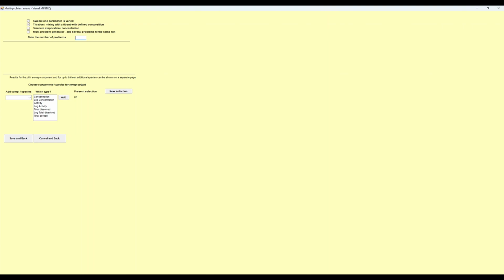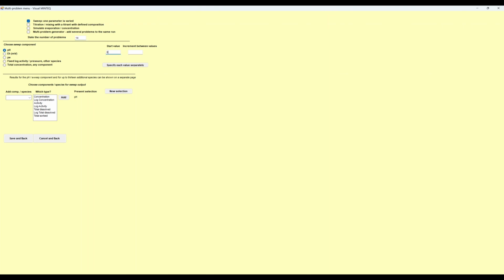So we want to change one variable here. Sweep one parameter. Then the number of problems, we want to do it 14 times, and we want to do it on pH, the sweep component. Later on, in one of the lectures in the fourth chapter, we, for example, do it on the pe. But here we just do it on the pH.